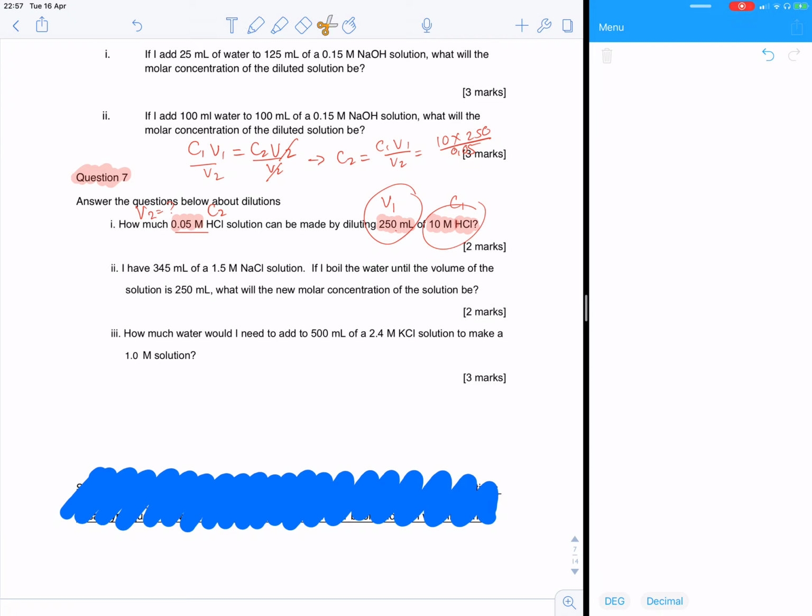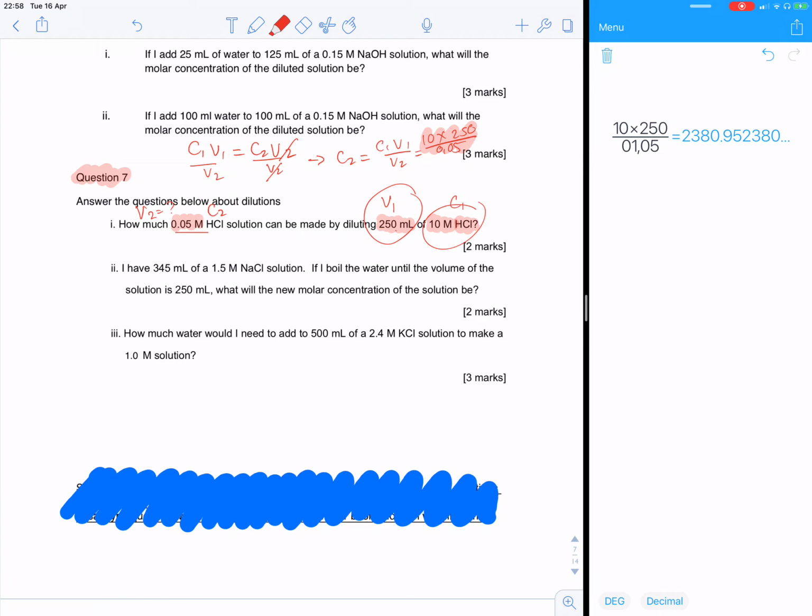Okay, let me lower this a little bit, just like that. I'll put it up there. That's better. And then I just highlight it. And then we do 10 times 250, divide that by 0.05. In fact, this should be 0.05.